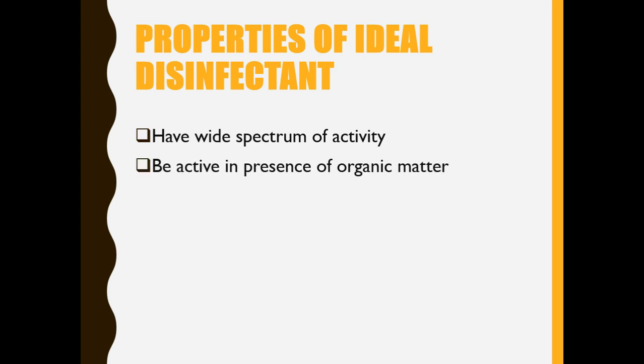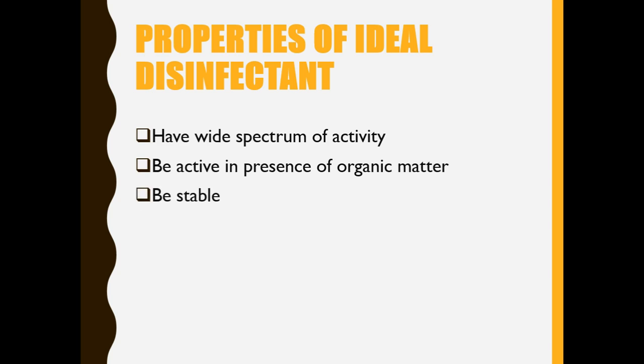Secondly, it should be active in the presence of organic matter. This is also one of the most important characters when we are using this chemical agent. If you are adding it on certain surfaces or a particular area, even though organic matter is present, it should be able to act on the microorganism.